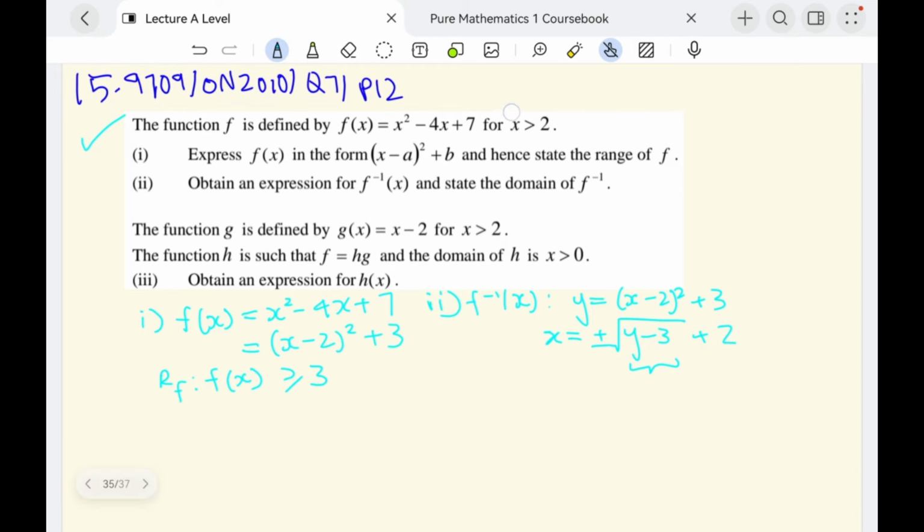For this domain, you need to separate into two cases, which is 2 plus square root of y minus 3, or 2 minus square root of y minus 3.